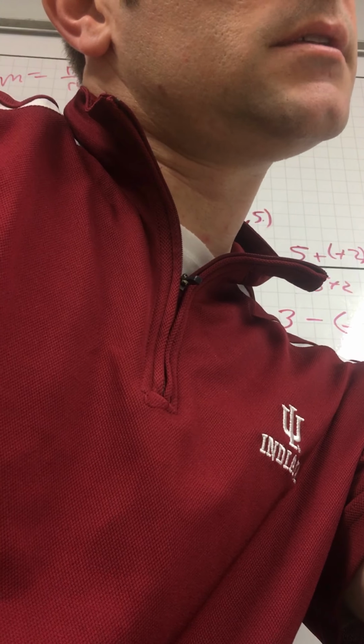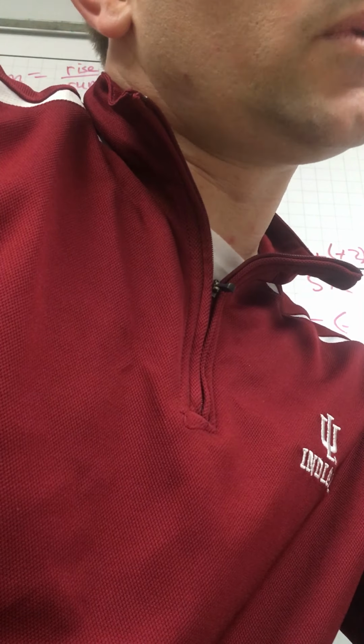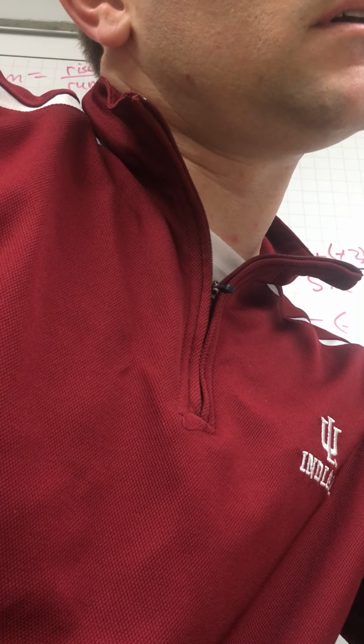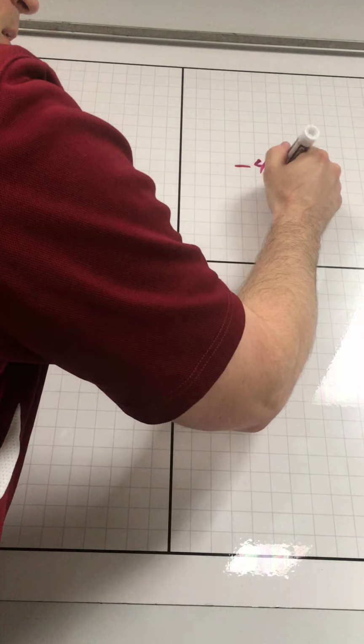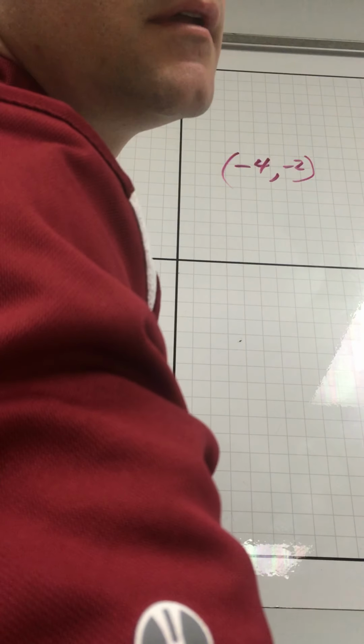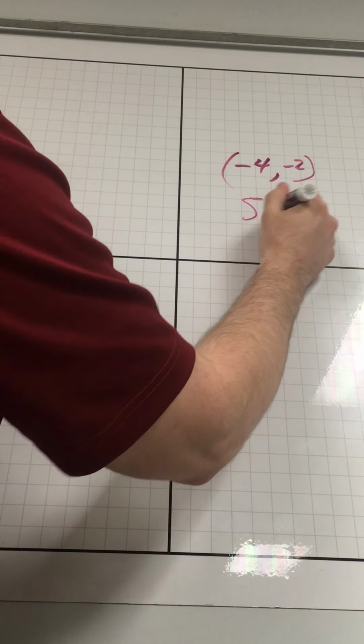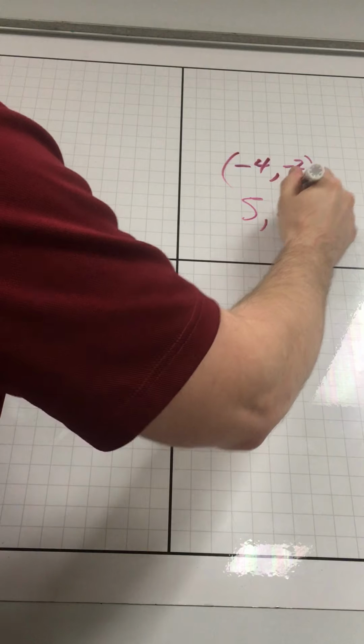So it gives us points here. We have -4, -2 as our first point, and then our other point is 5, 0.